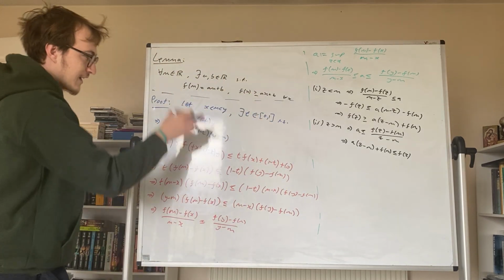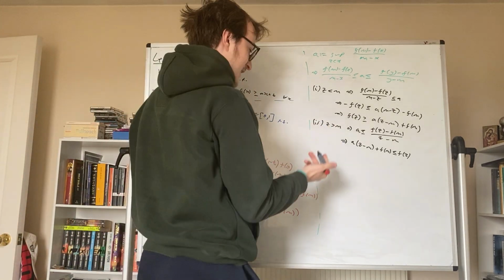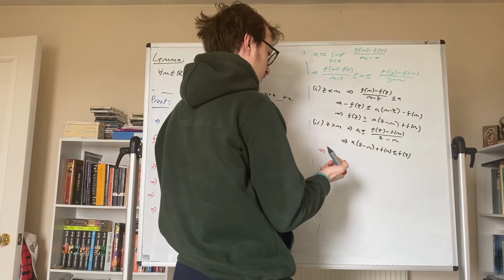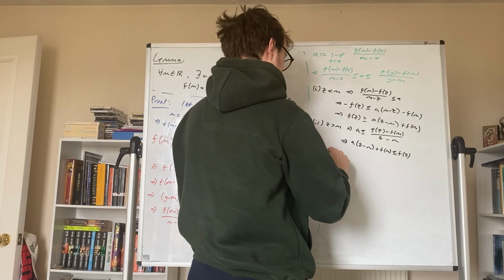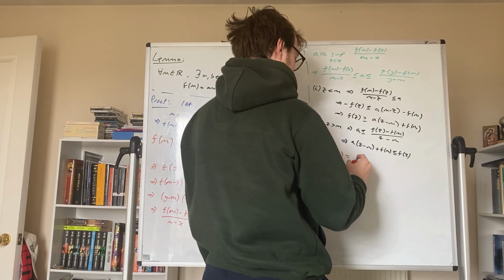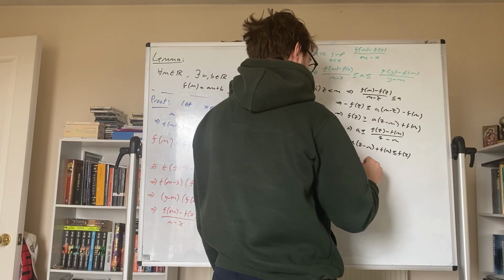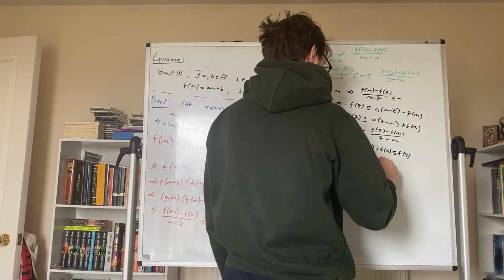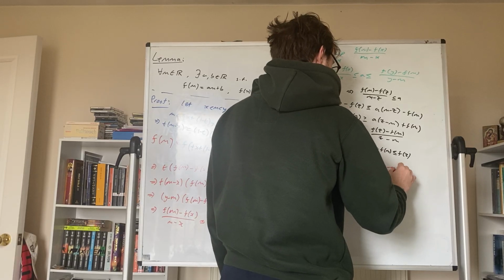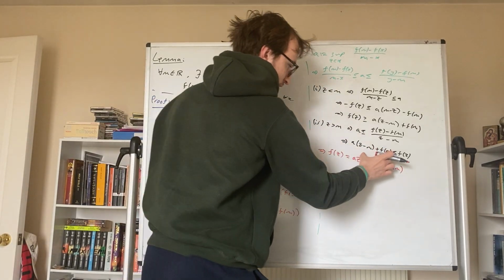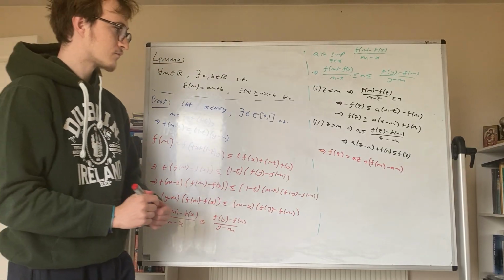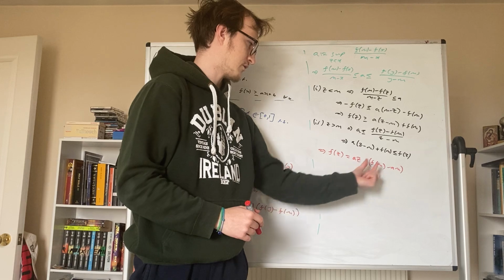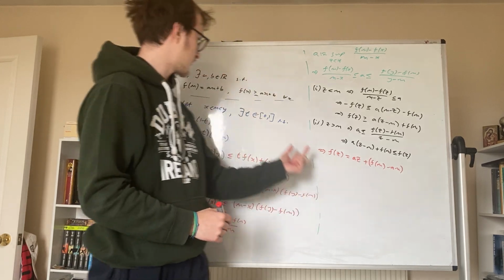Namely, if you just consider the line given by f(z) equals az plus f(m) minus am. So just this line here. What do we have? Well, we know that when z is bigger than m, f(z) is greater than our line, which is what we want.